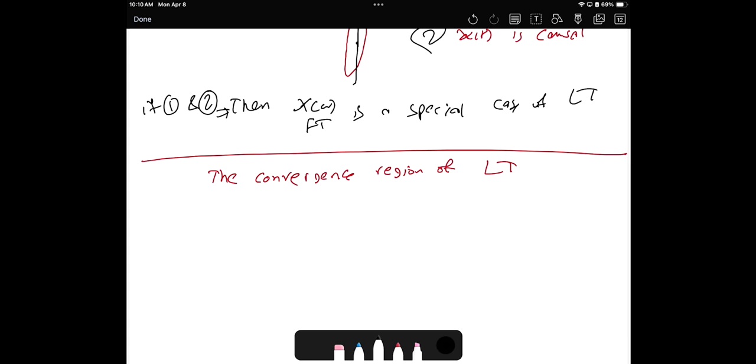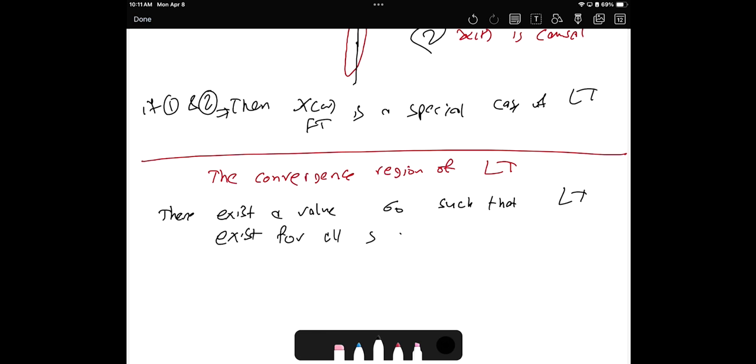So we can say there exists a value sigma 0 such that Laplace transform exists for all s with real part of s larger than sigma 0.